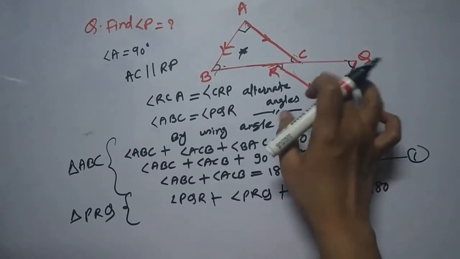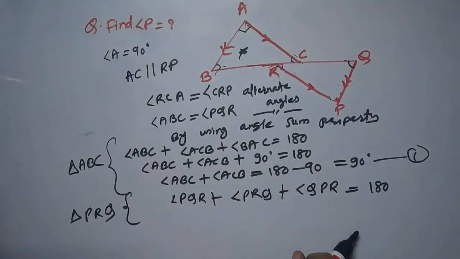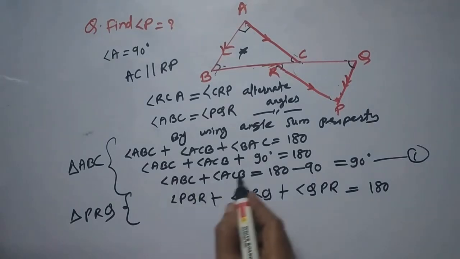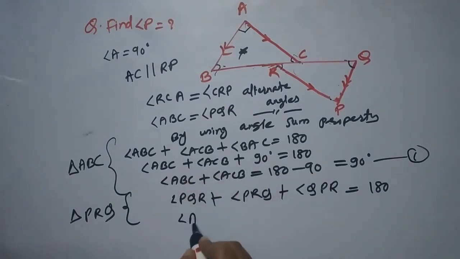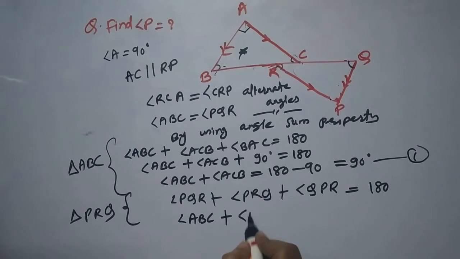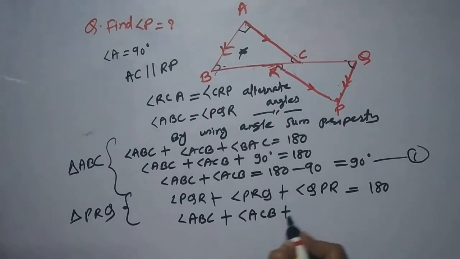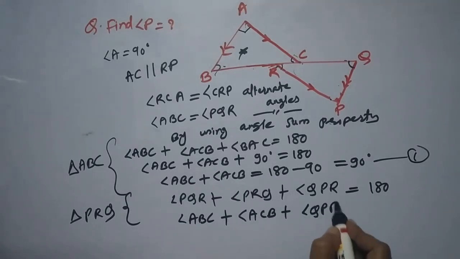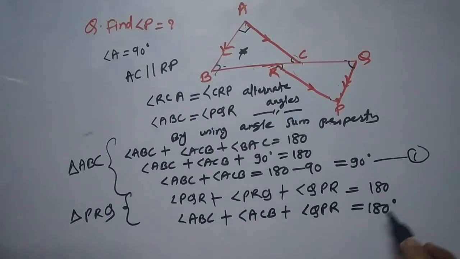Yes, in this triangle. So friends, here we can just directly write down this one, angle ABC plus ACB plus QPR is equal to 180 degree.